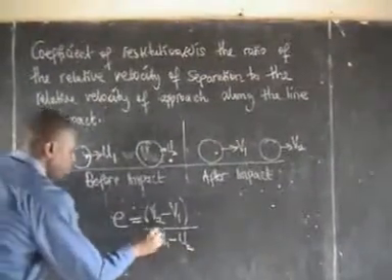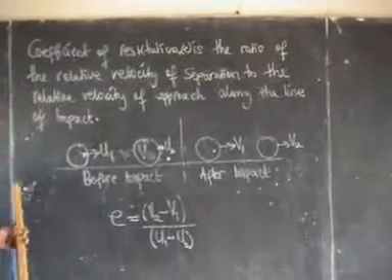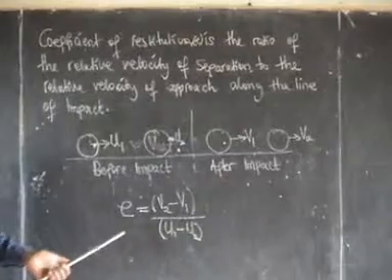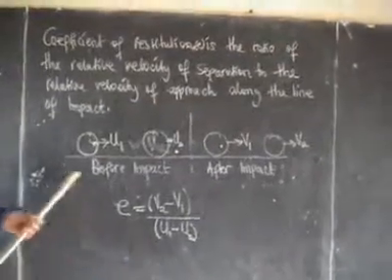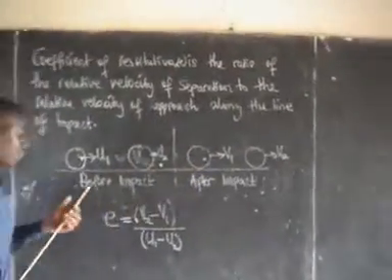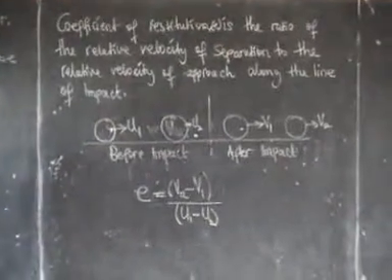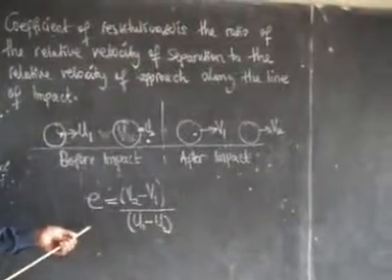So this is the ratio of the relative velocity of separation to the relative velocity of approach along the line of impact.